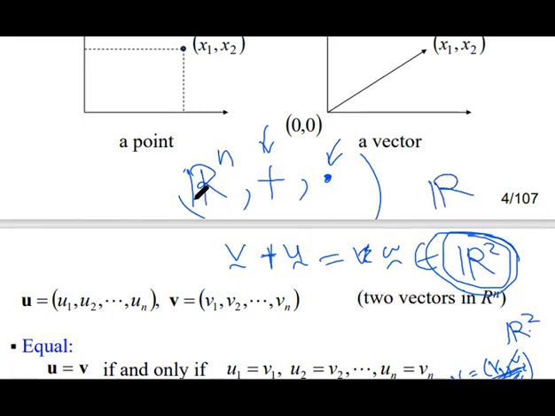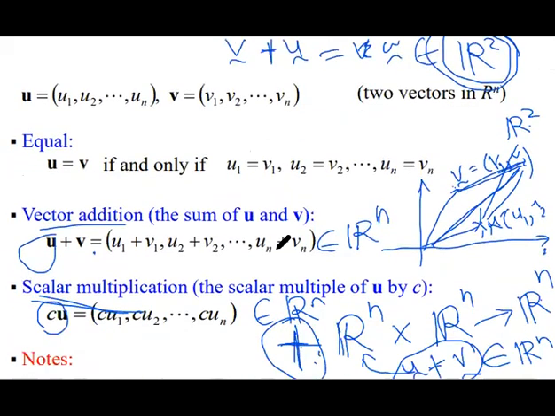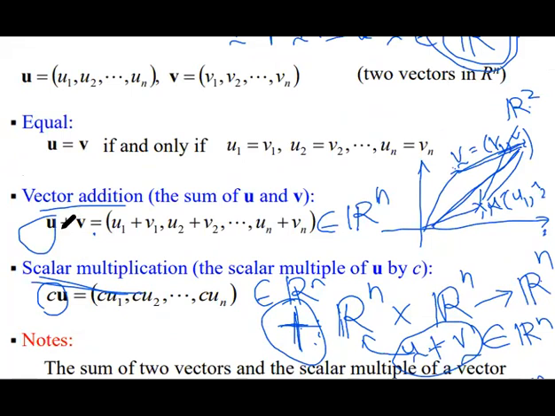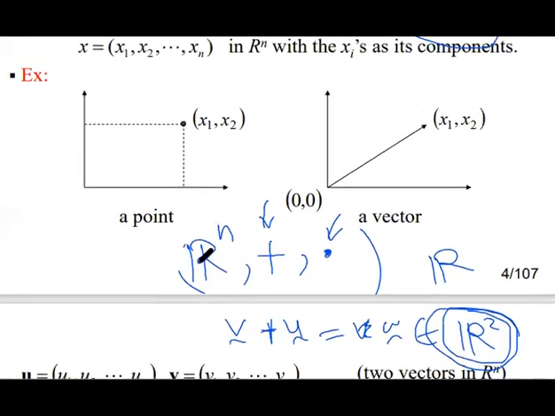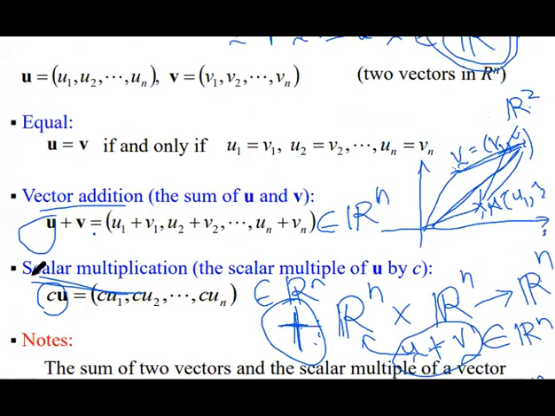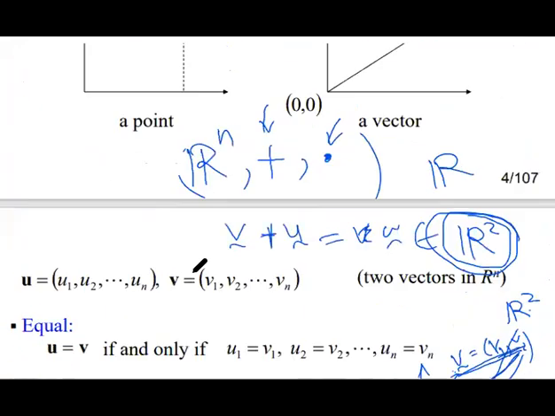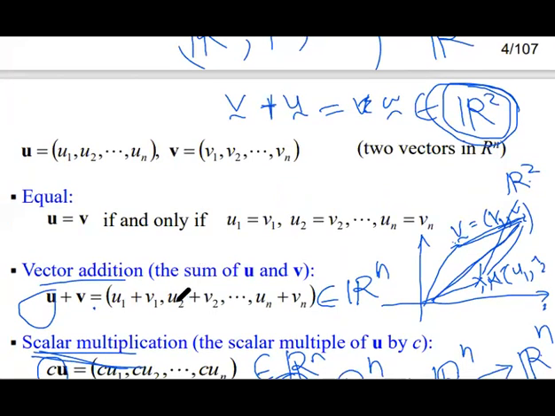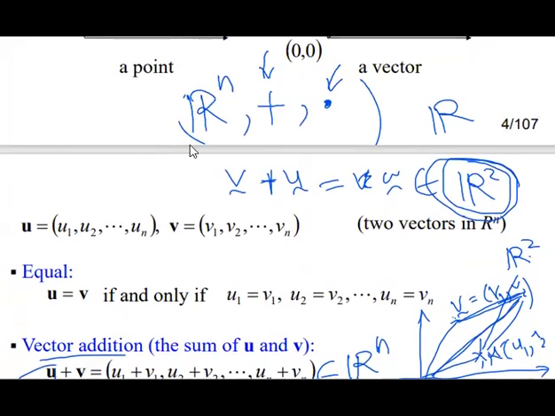Basically we have two operations. One is vector addition, performed between this set and itself, and the other is scalar multiplication, performed between this set and the field, the set R.